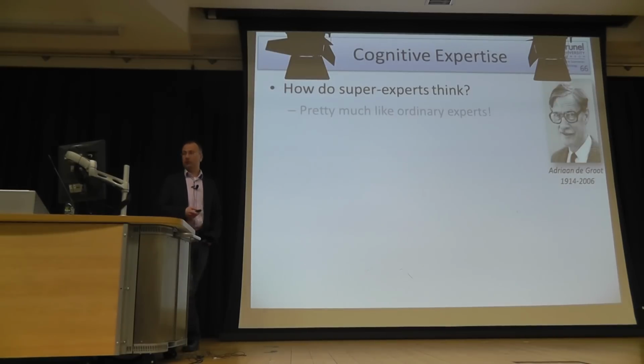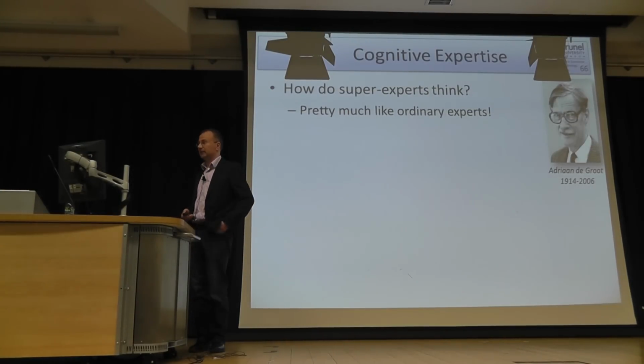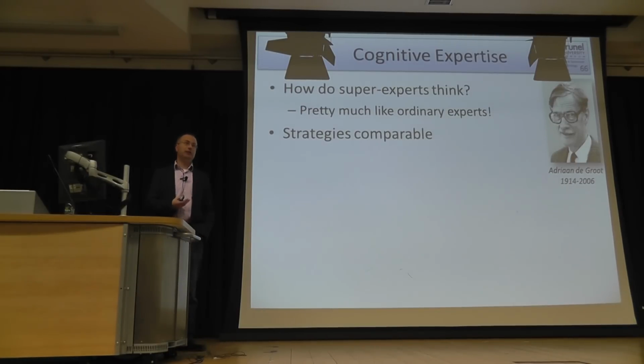So how do they think? Super experts, grandmasters. And what he found is pretty much like ordinary experts. So he didn't compare that to novices who just learned to play chess, but to just normal good chess players who are experienced. And he compared that to grandmasters, world-leading experts. And he found that the strategies of these two groups are comparable.